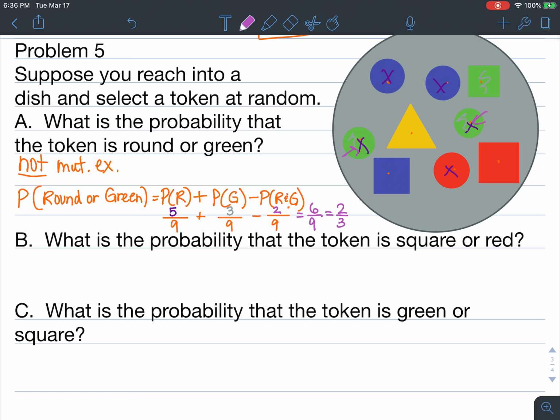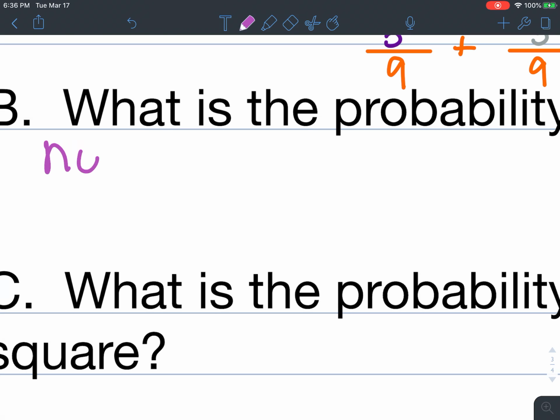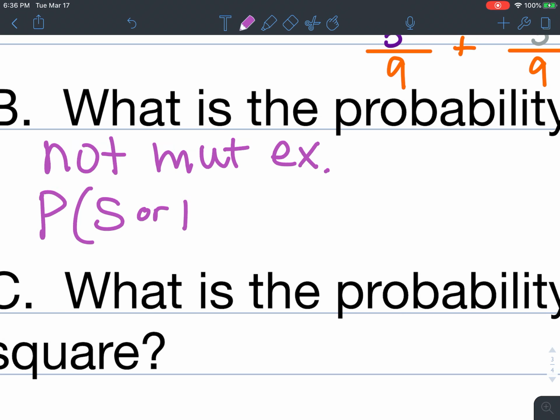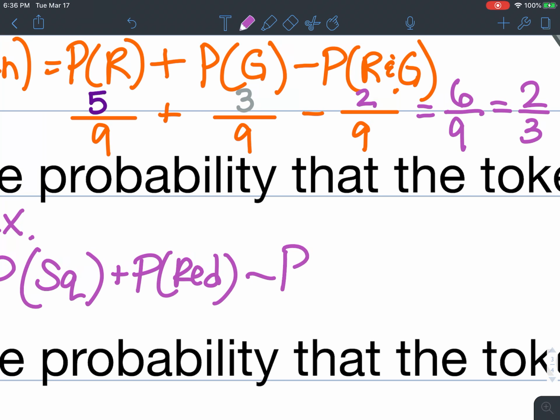I liked this example, so I added in some extra questions. What is the probability that the token is square or red? Well, can you be a square and be red at the same time? Yes, he's right here. So that means that these are not mutually exclusive. So the probability of being square or red is the probability of being square plus the probability of being red minus the probability of being square and red.